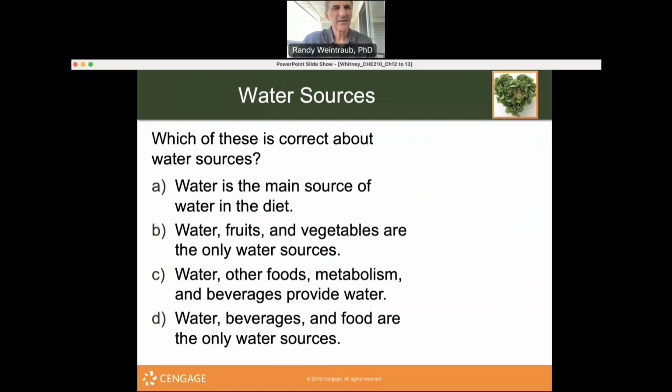And where do we get our water? Which of these is correct about our water sources? Is it water in the diet? Is it water in fruits and vegetables? Is it water in food and metabolism? No, it is all of those.